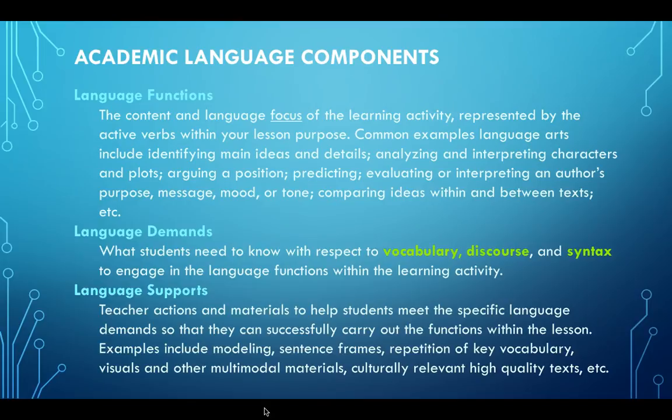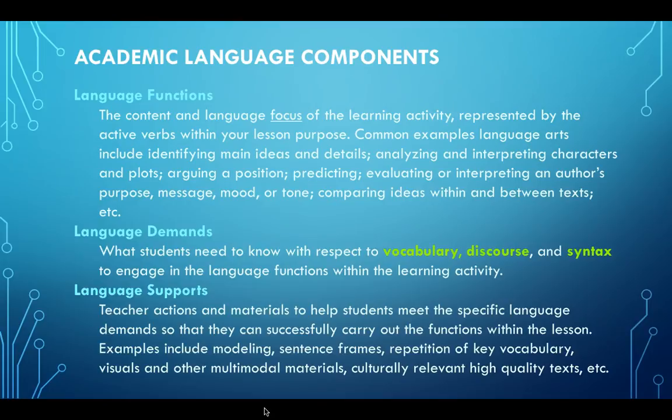So common examples in literacy include identifying main ideas and details, summarizing, analyzing and interpreting characters, predicting, evaluating or interpreting an author's purpose, etc.